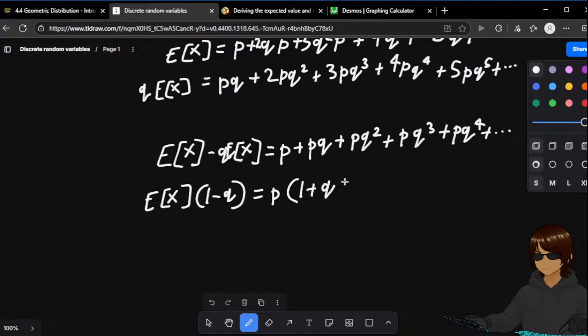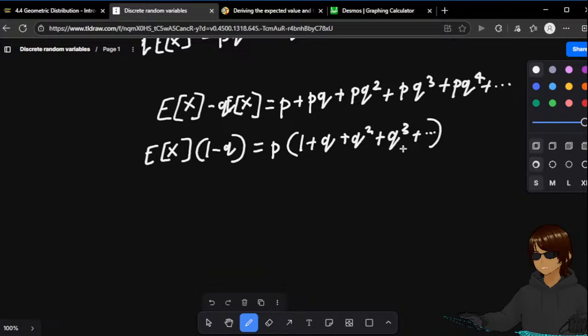1 plus Q plus Q square plus... This is a geometric series with the Q as the thing, right?